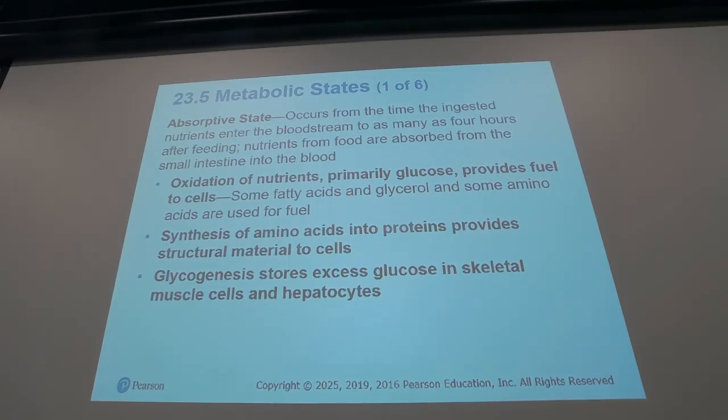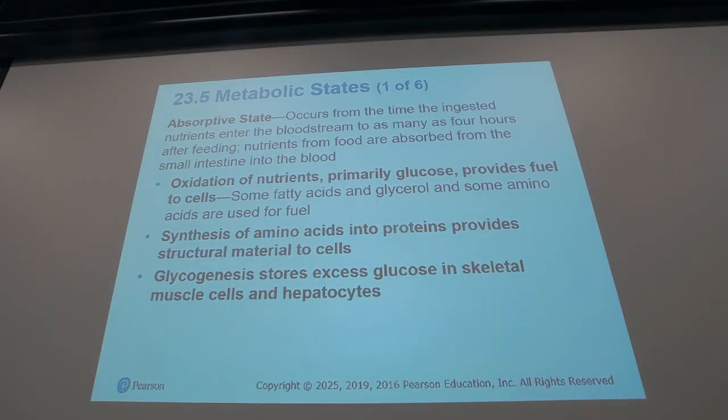In the absorptive state, which happens around 4 hours after we ingest our meals, during those 4 hours, we'll be absorbing nutrients. In this absorptive state, we have oxidation of the nutrients.